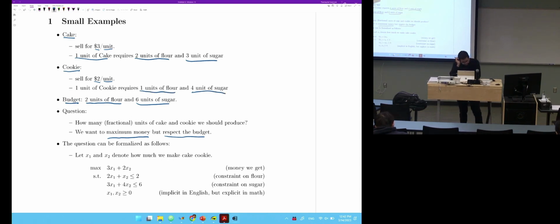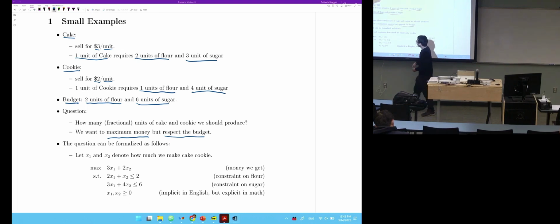Okay. And the situation is, if you want to maximize money but still respect the budget, you cannot use more than this resource. You have this limited resource. So the question is how many units of cake and cookie you should produce. Okay. And this question can be formalized as a mathematical problem.